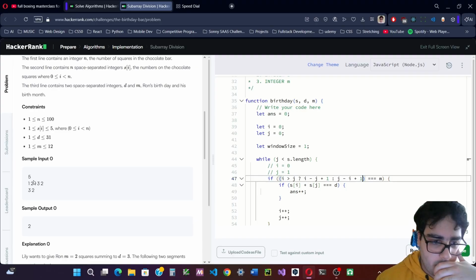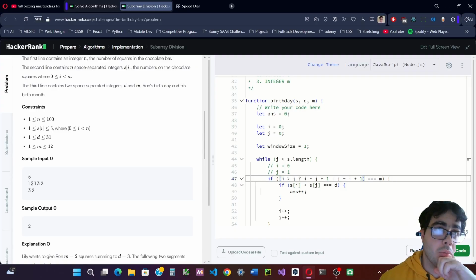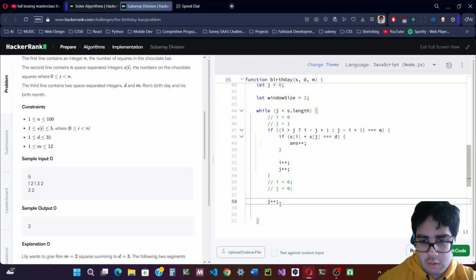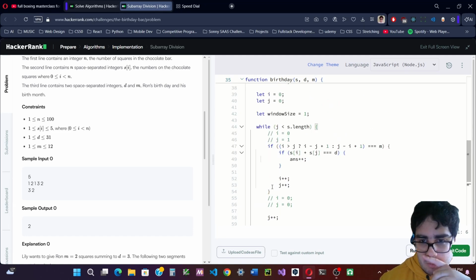So when it's 1 and 2, there's gonna be 2 minus 1 plus 1, which is 2. And yeah, I think that's about it.